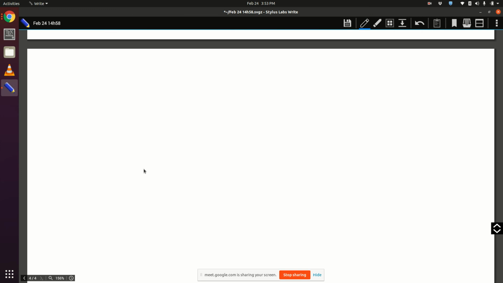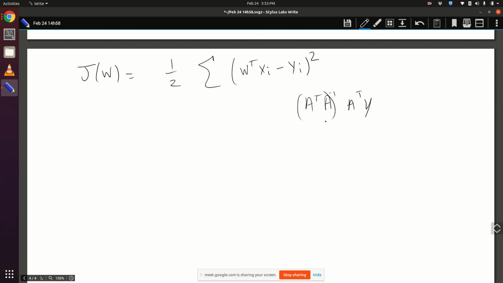Okay. So this entire discussion was with a view to minimize half summation of (W transpose xi minus yi) squared. This gave us two approaches. One approach is (A transpose A) inverse A transpose y. The second approach was gradient descent. The gradient step is kind of interesting. What it is saying is you look at (W transpose xi minus yi) times xi.